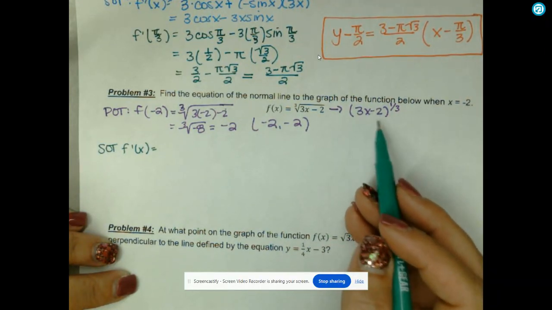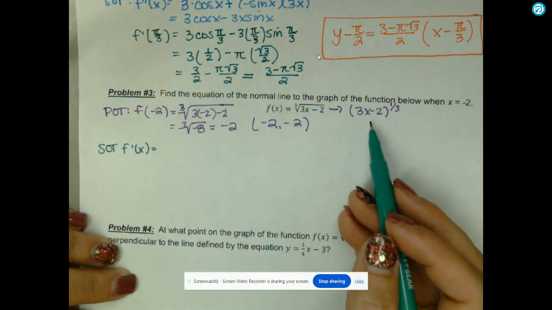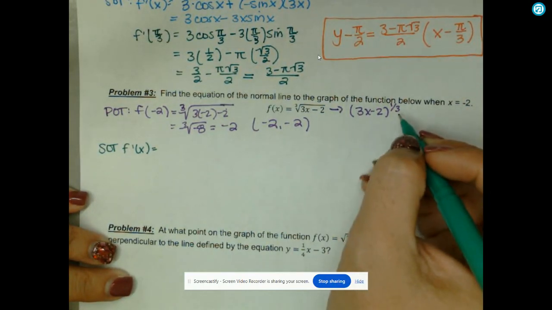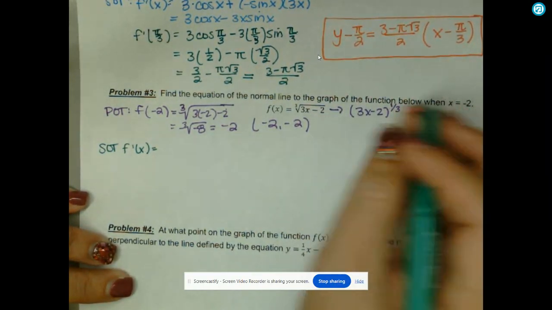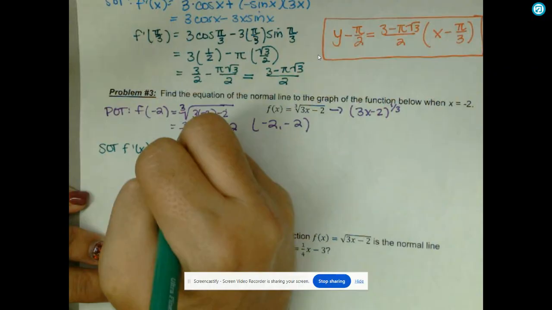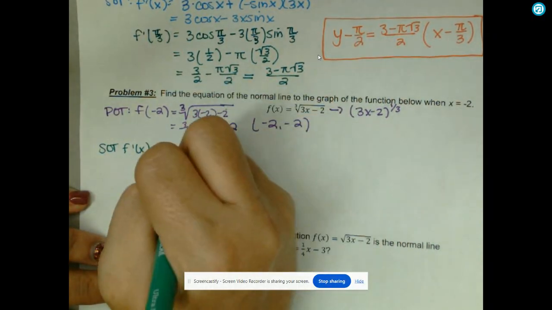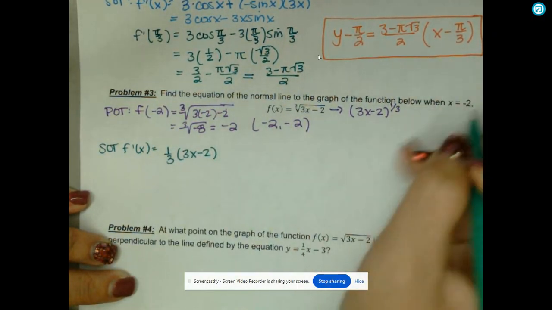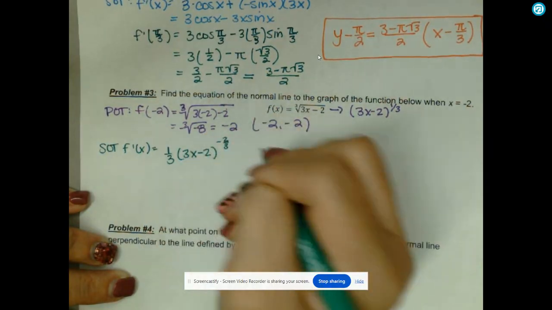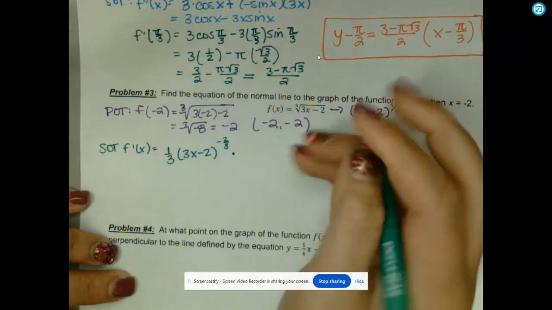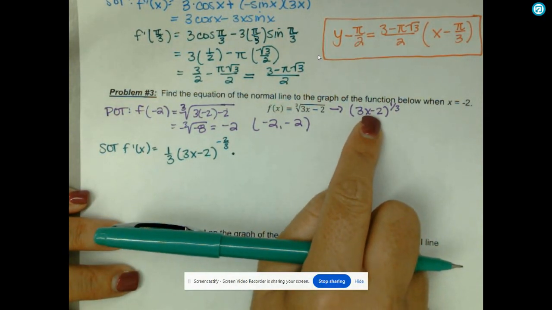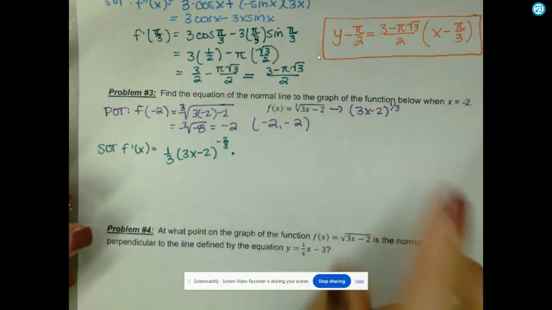Our donut hole is 3x minus 2. Okay, so here we go. Bring that down. So take the derivative of the whole donut. That's going to be 1/3 times 3x minus 2, and then subtract 1 to the -2/3. Then we got to multiply that times the derivative of our donut hole. The derivative of 3x minus 2 is 3.